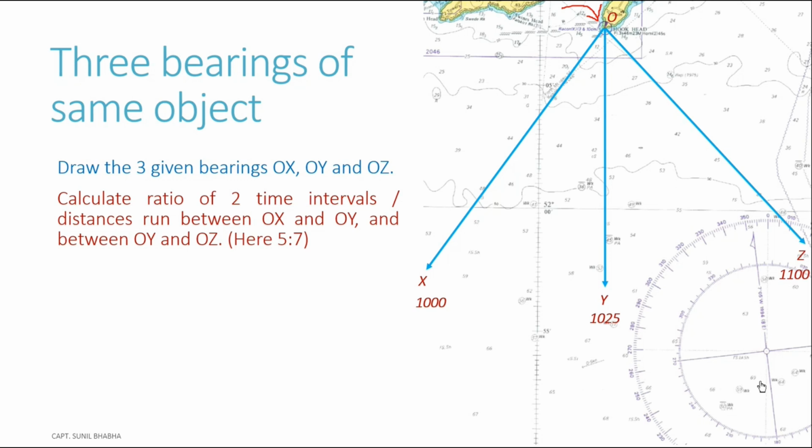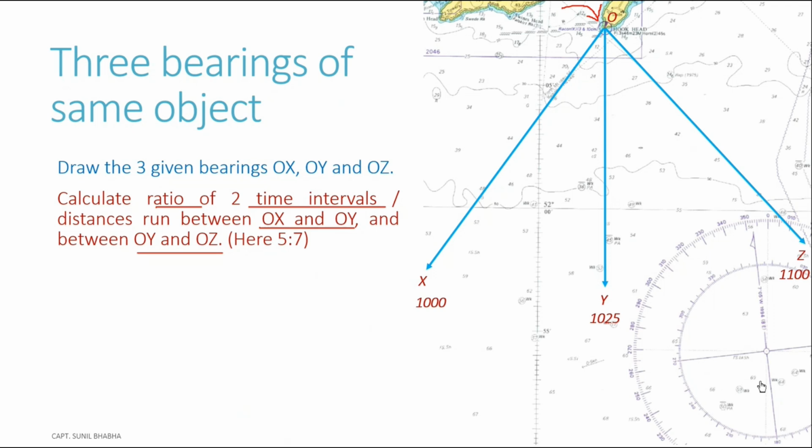Now we have to calculate the ratio of two time intervals, or in case the distances are given, then the ratio of the distances between the first and second bearing, that is OX and OY, and between the second and third bearing, which is OY and OZ.